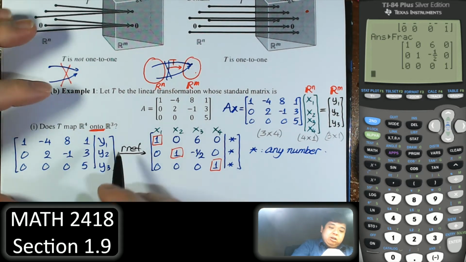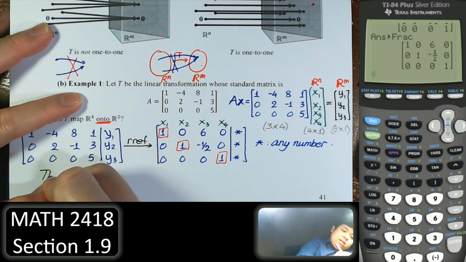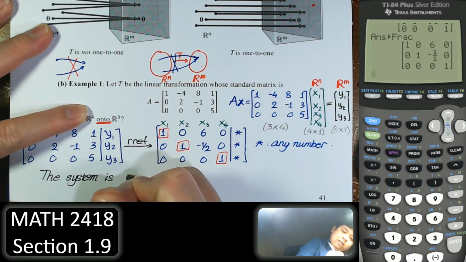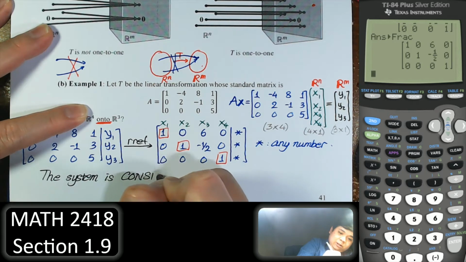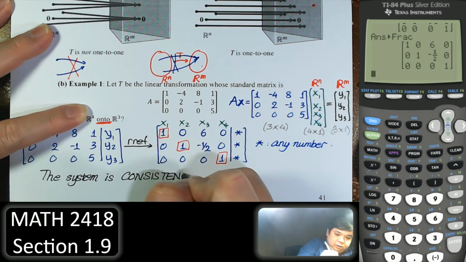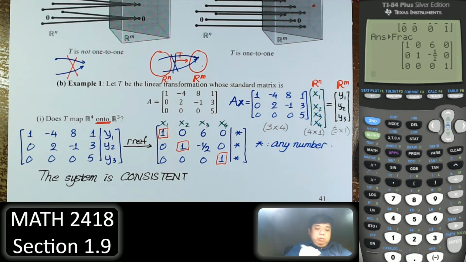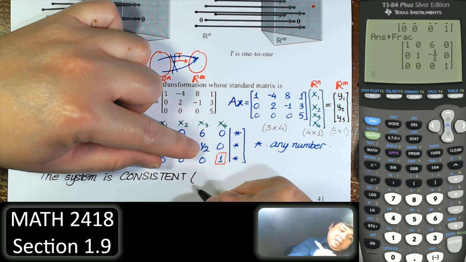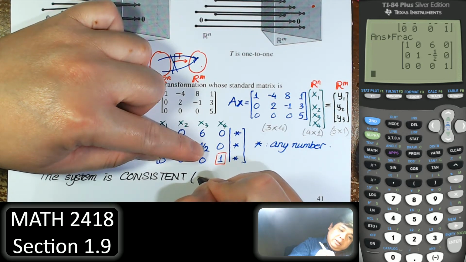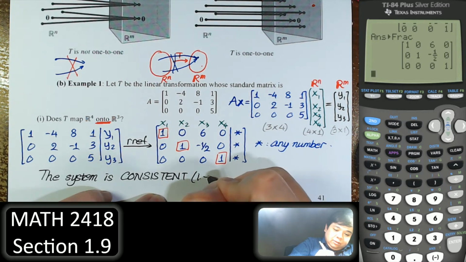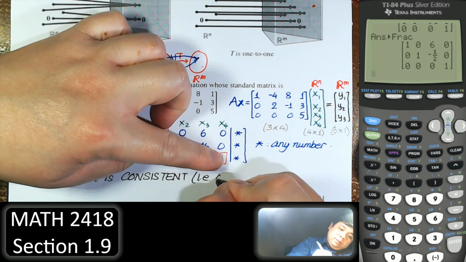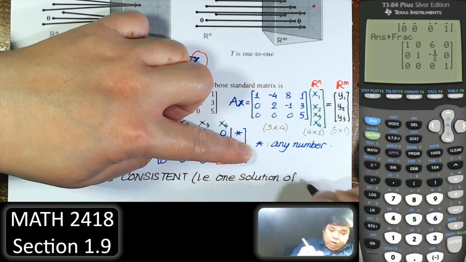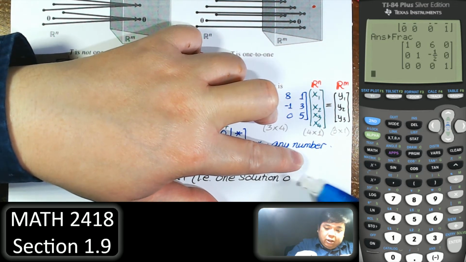What we can get from the RREF is that the system is consistent. By that we mean it has one solution or infinitely many solutions, but it has a solution.